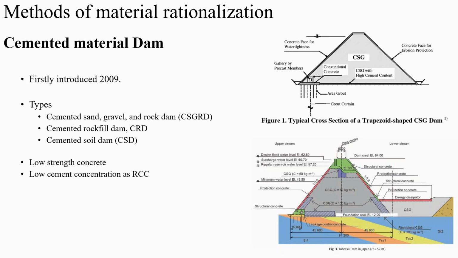Its major advantage is using in situ material and low cement content. The aim of this dam is to design a friendly and economical dam, which mainly affects the concrete strength, which is lower than the usual RCC.